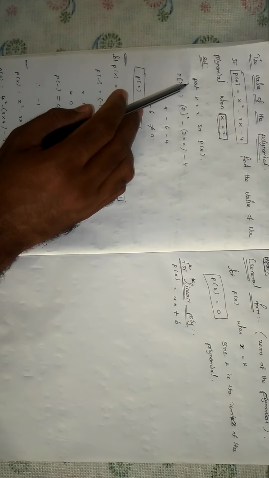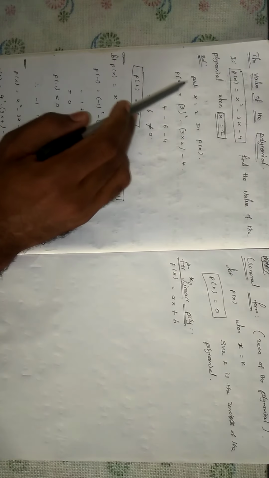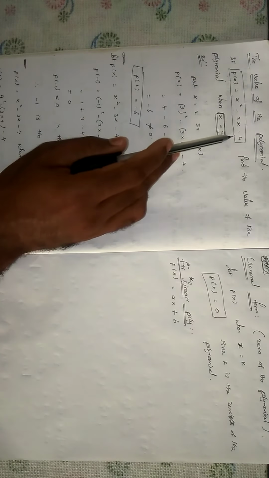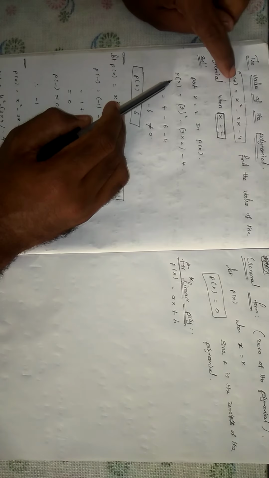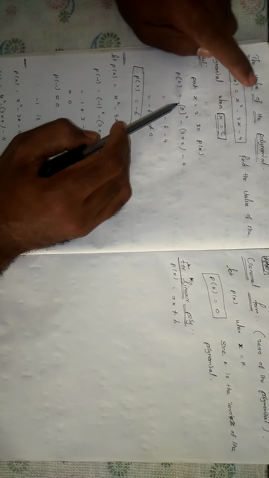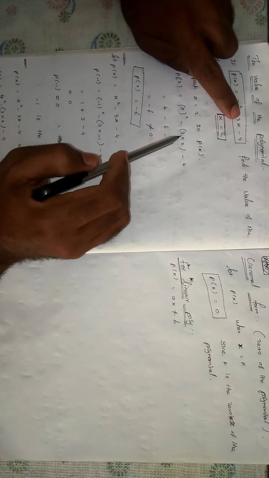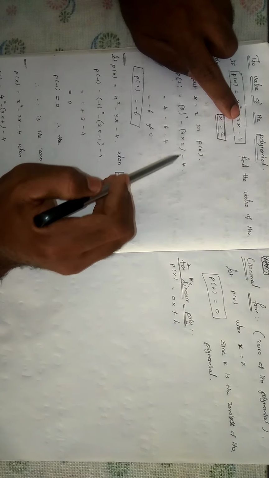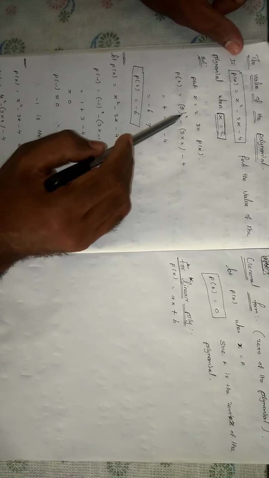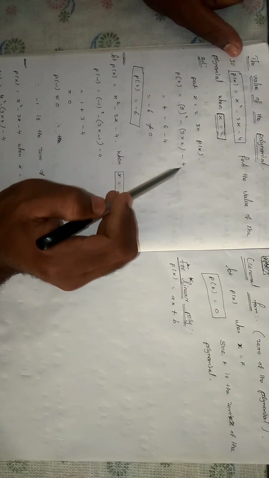Solution. Put instead of x the value 2. So x is equal to 2 in p of x. So p of 2 equals 2 the whole squared, minus 3 into 2, minus 4. So 2 squared, I know that is 4; 3 twos are 6; minus 4.